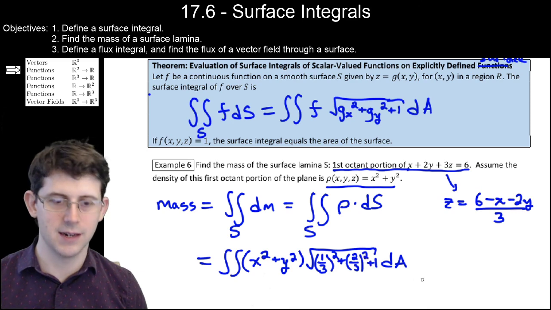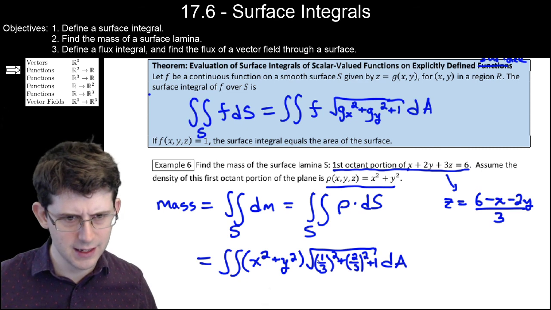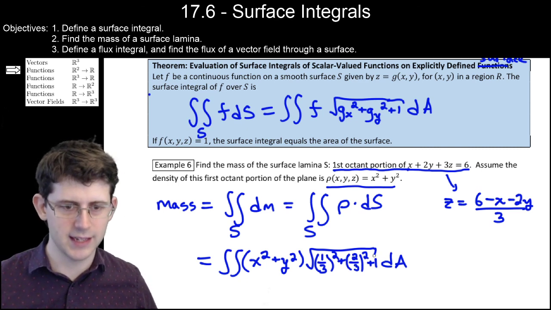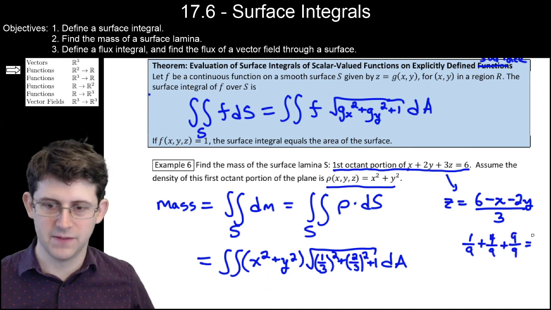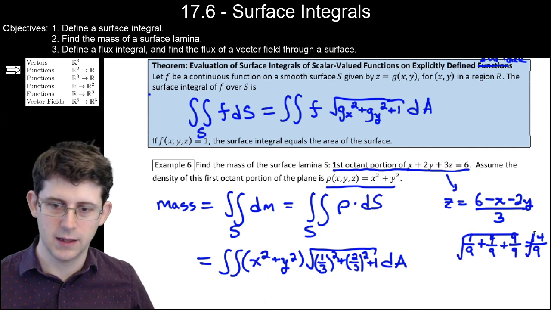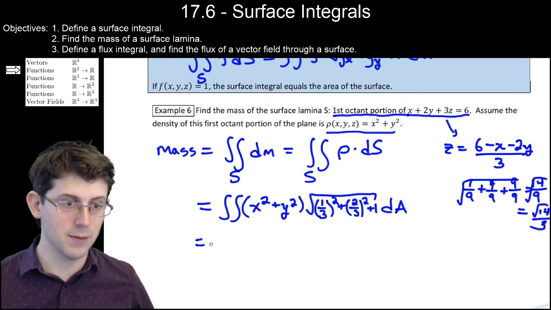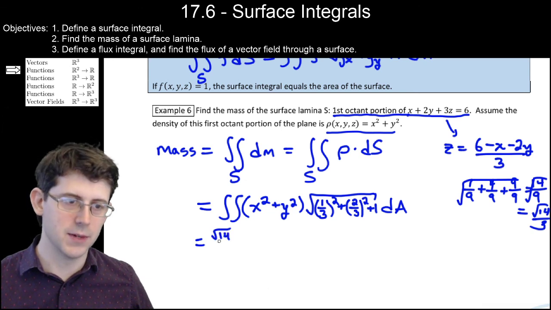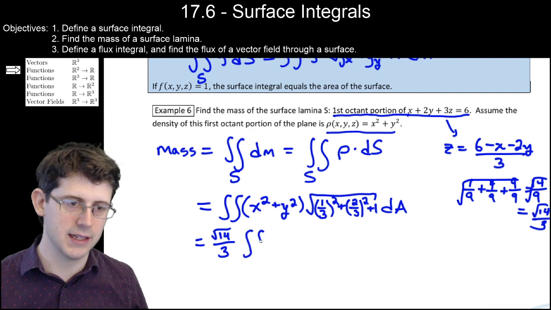And there's a plus 1 in here. So whatever this number equals, it's some number of ninths. It's going to be 1/9 plus 4/9 plus 9/9. That's 14/9. And I'm going to square root the whole thing. So I'll get square root of 14 over 3. And I can factor that number out. You can't always factor out the Jacobian. Sometimes it has x's and y's in it, but in this case it does not.